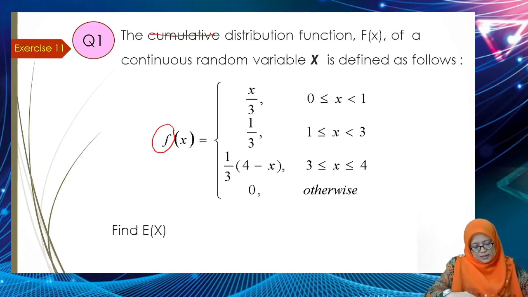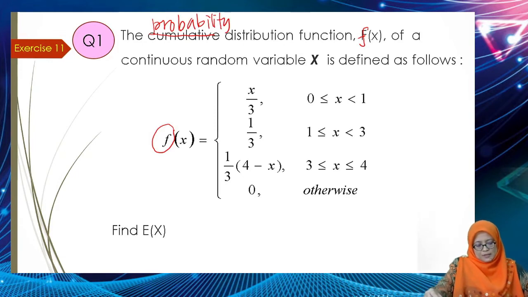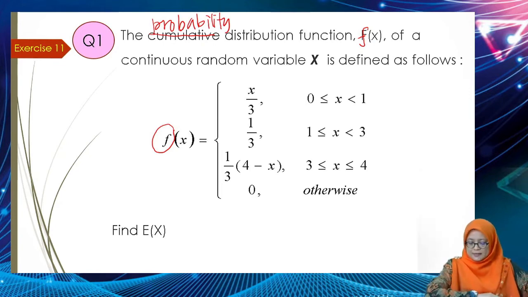So ini the probability distribution function. So sini F kecil, sini probability distribution function of a continuous random variable is given by this function. Okay, so kita nak cari expectation of X.